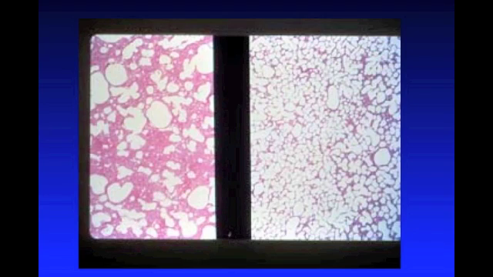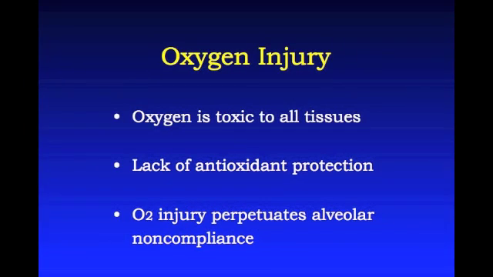The one on the left was ventilated with a conventional ventilator during that time, and no surfactant was given, and both animals are equally surfactant deficient. But when you tidal volume ventilate a surfactant deficient lung and you don't do it very well, you wind up hurting the lung significantly.